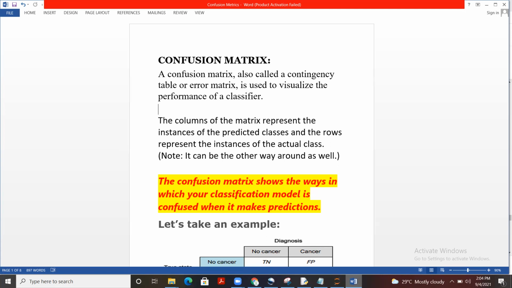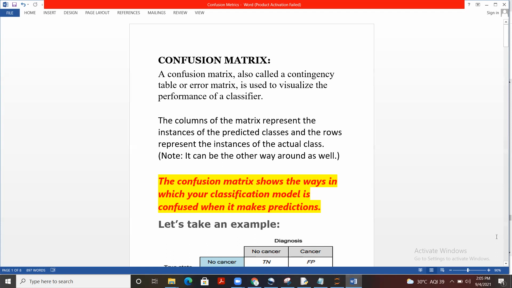As the name says, the confusion matrix shows how many times the model was confused while making the prediction, and we can make it more accurate further or find some other way to improve it. It helps us to visualize the performance of the classification algorithm that we applied. In very layman terms, the confusion matrix shows us the way in which your classification model is confused while making predictions for us.